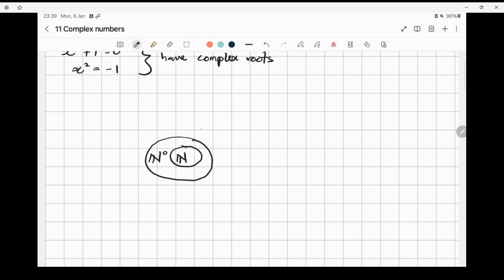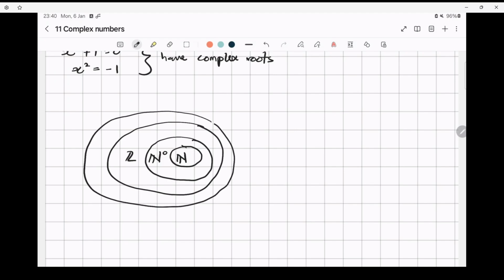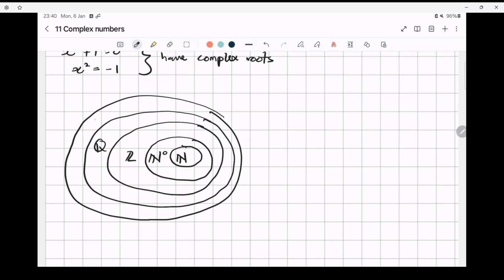Then a larger set is the set of all integers, which is represented by the bold letter Z. A bigger set is the set of all rational numbers, and bigger than the rational numbers would be to include irrational numbers. Then you will have real numbers.